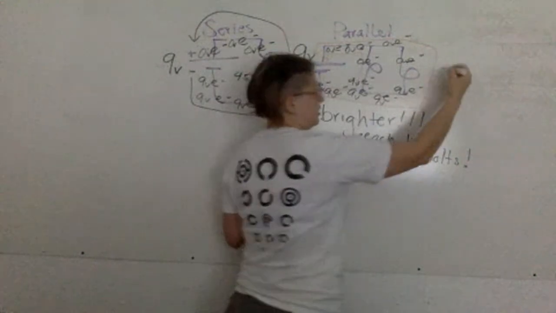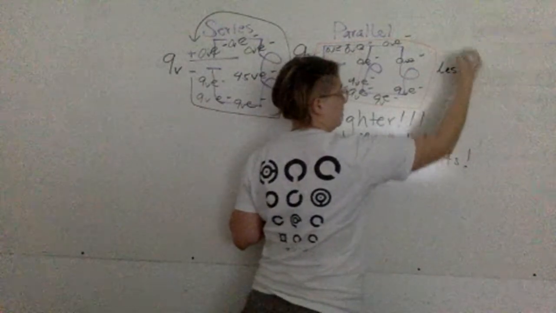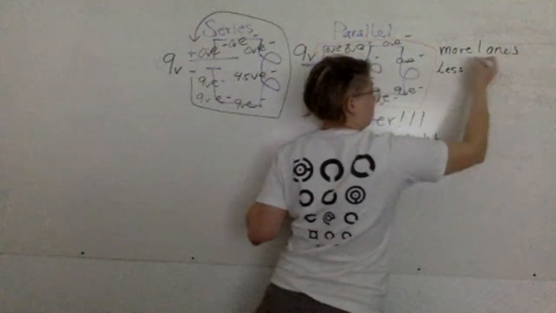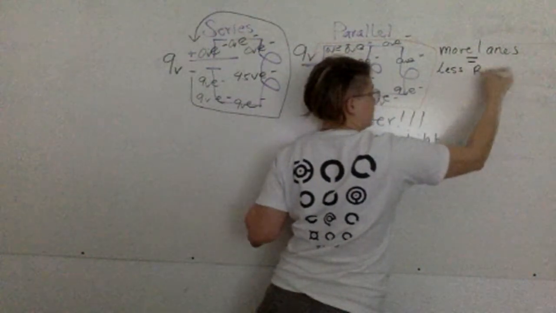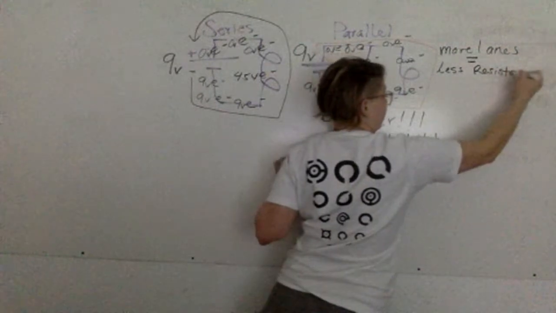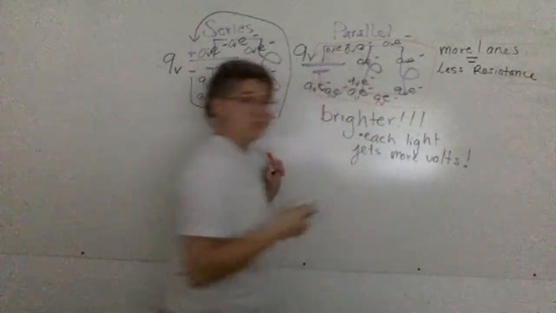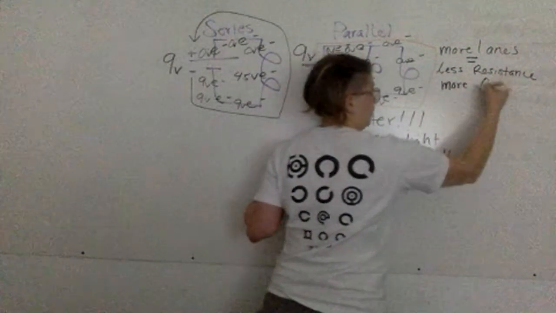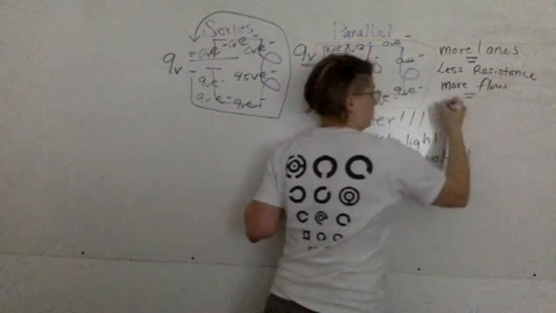So because there is less resistance, so more lanes equals less resistance. And if you're not resisting, you're going to get a better flow. So more flow equals more current.